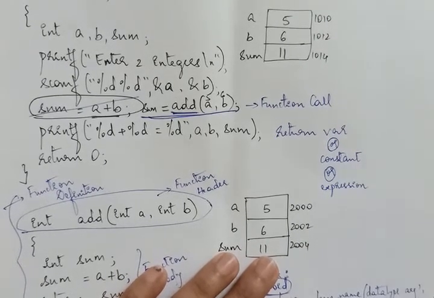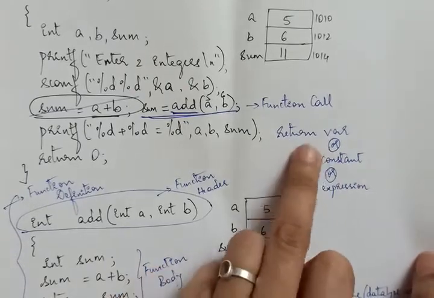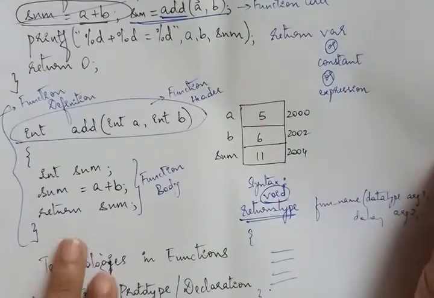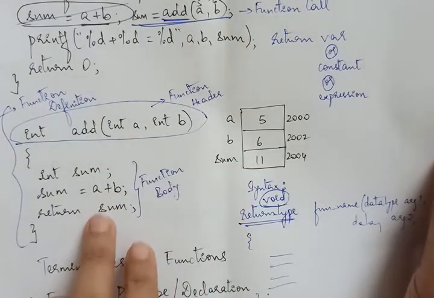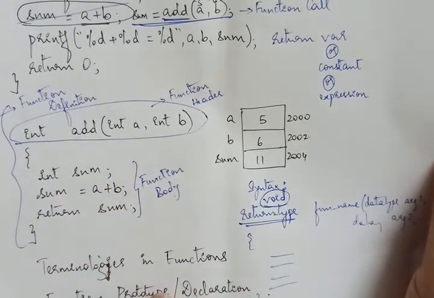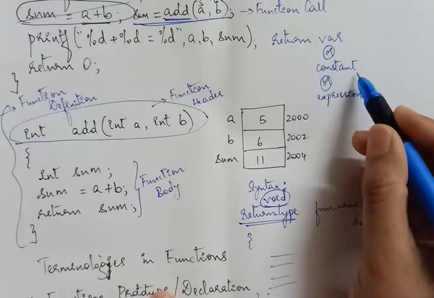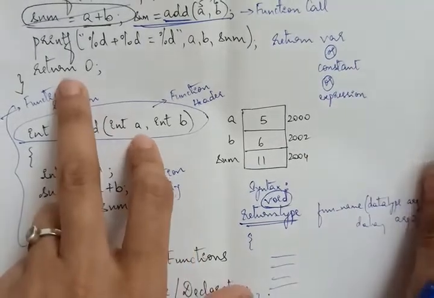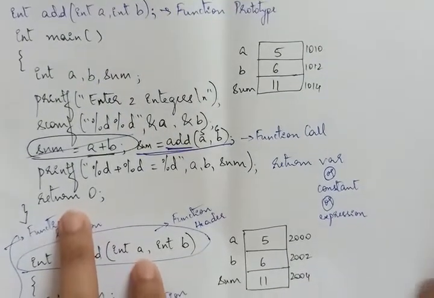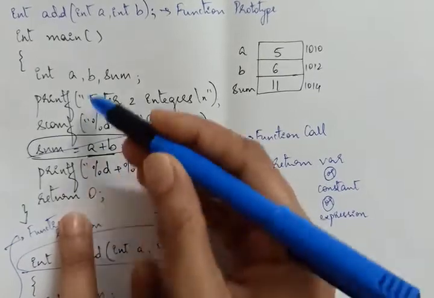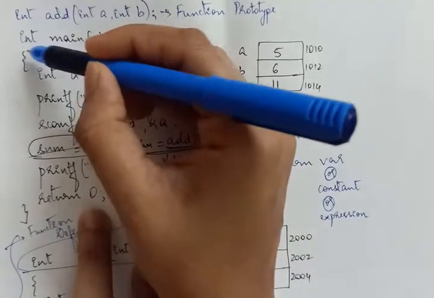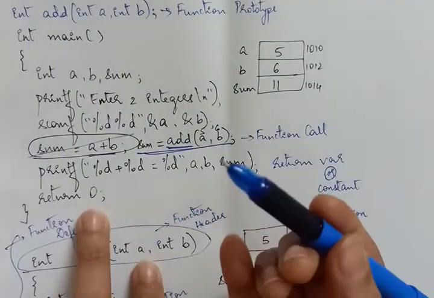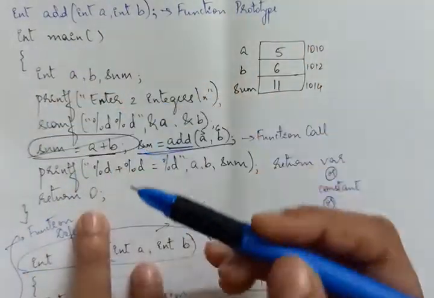Returning a variable, we have seen in this example, you are returning a sum variable which is declared and used here, right? Coming to constant, for returning a constant, we have seen in the main function. So return 0 is being returned. Since 0 is an integer, the return type of main is int.